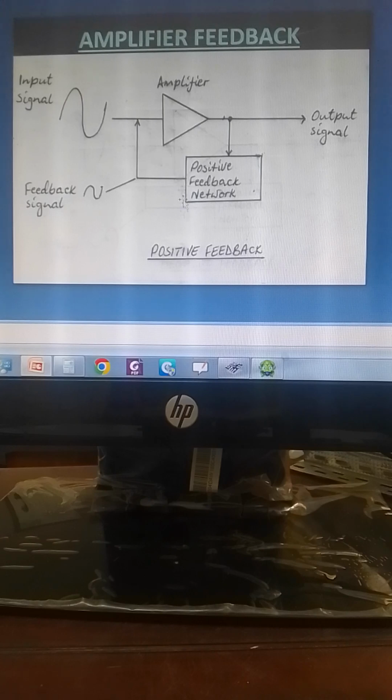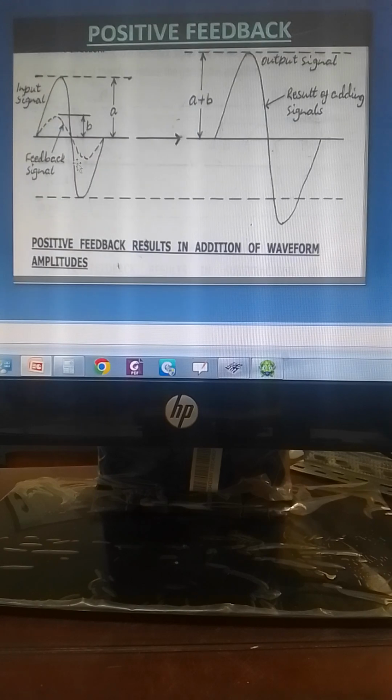So for us to have a positive feedback, the input signal and the feedback signal are supposed to be in phase. What we mean by saying they are supposed to be in phase is this.